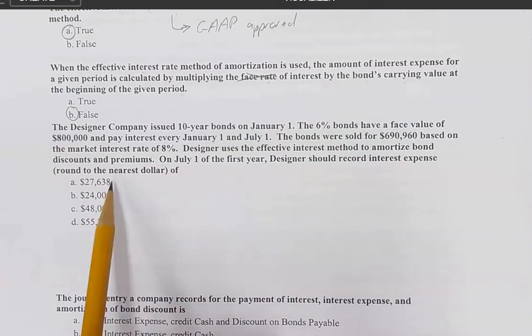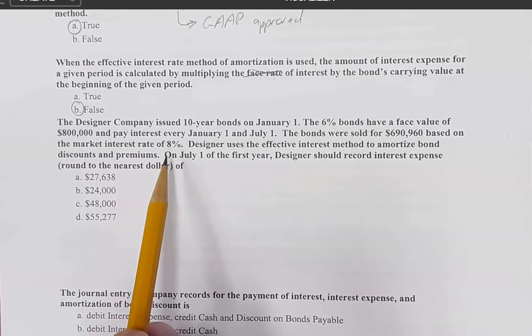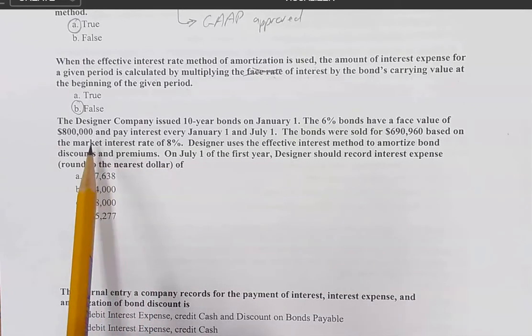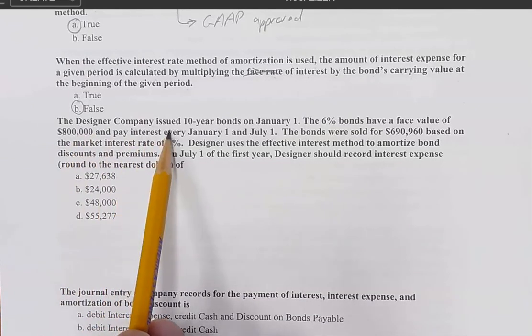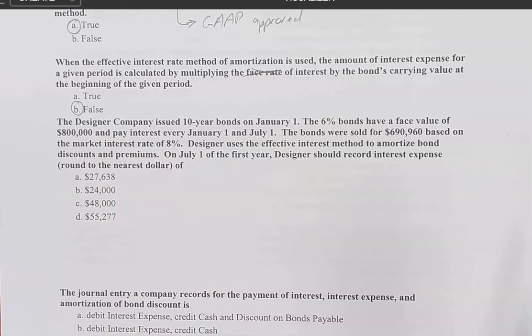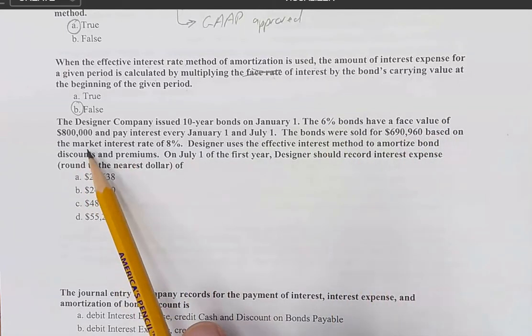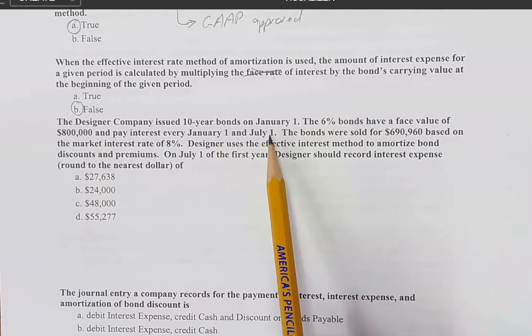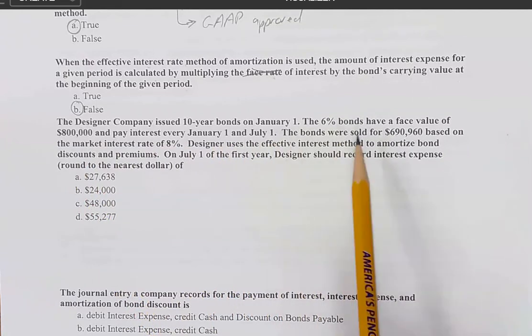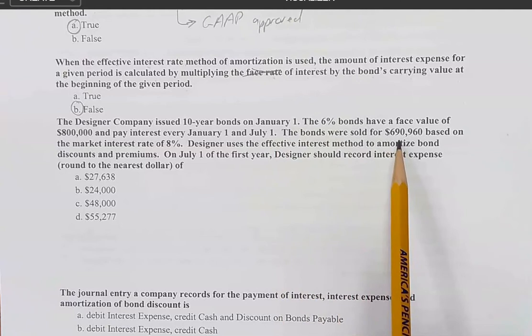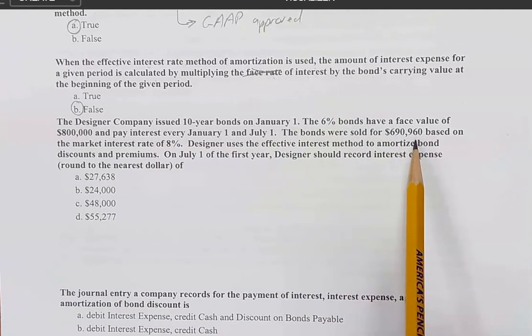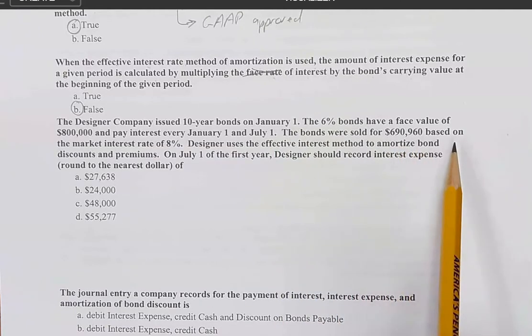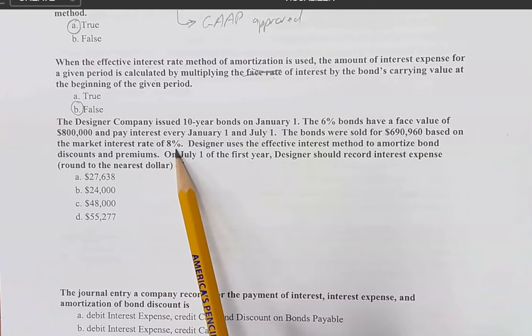All right. So let's look at an example of just that. It says the designer company issued 10-year bonds on January 1st. The 6% bonds have a face value of $800,000 and pay interest every January 1 and July 1. The bonds were sold for $690,960 based on the market interest rate of 8%.